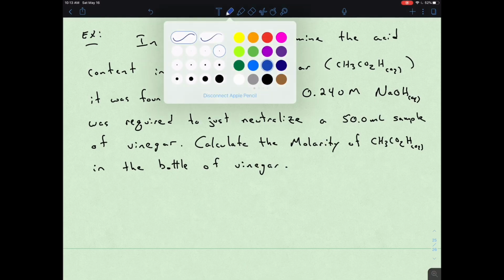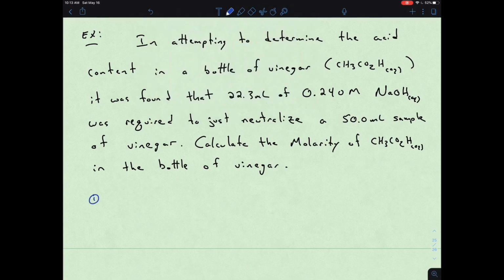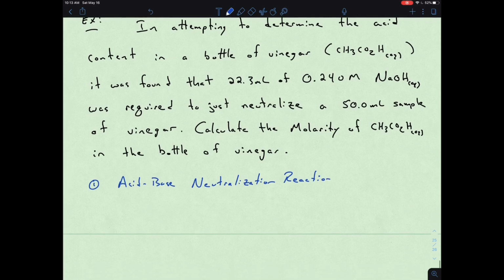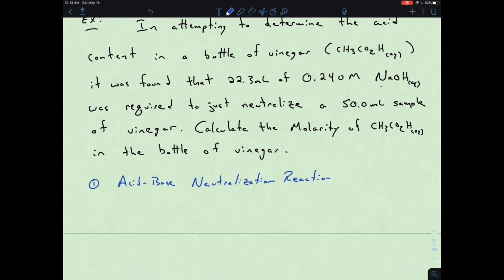So the first thing that we need is our acid-base neutralization reaction. And we have our starting materials. The sodium hydroxide is really the titrant, right?